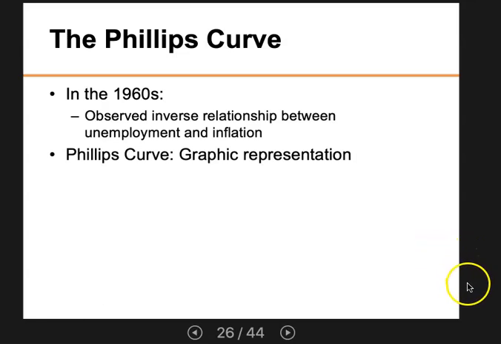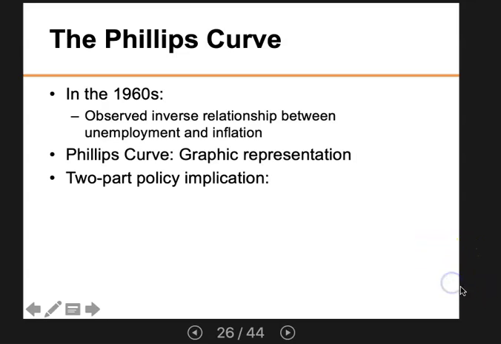This curve basically plots wage inflation data versus unemployment data over a very long period of time, and it actually revealed this relationship.